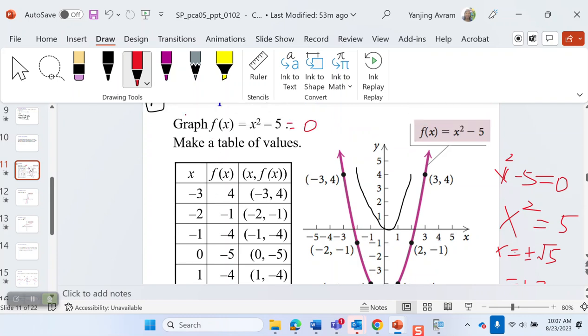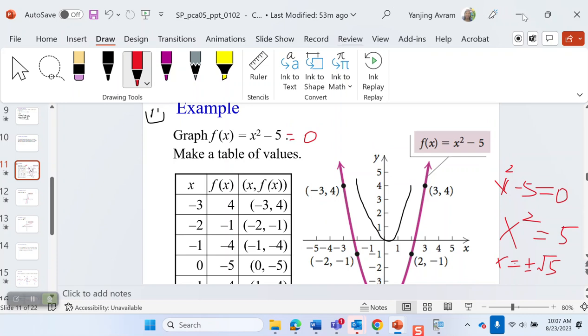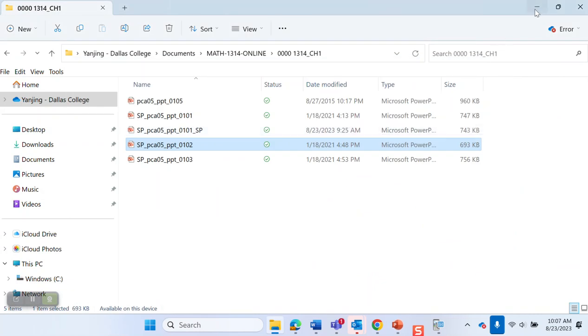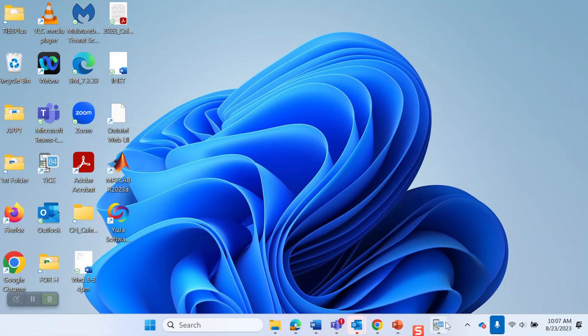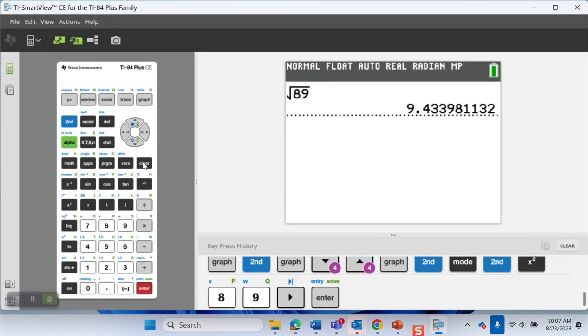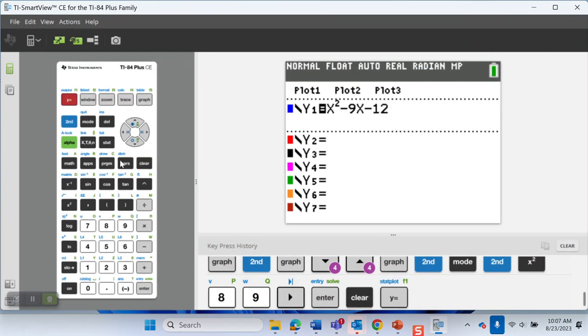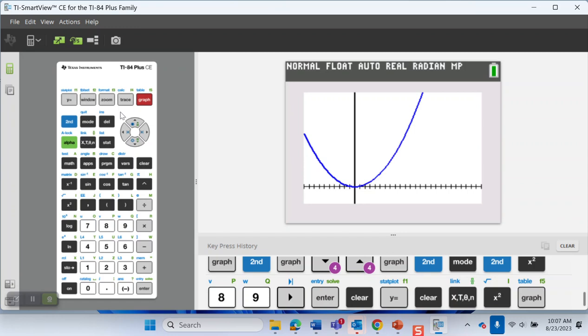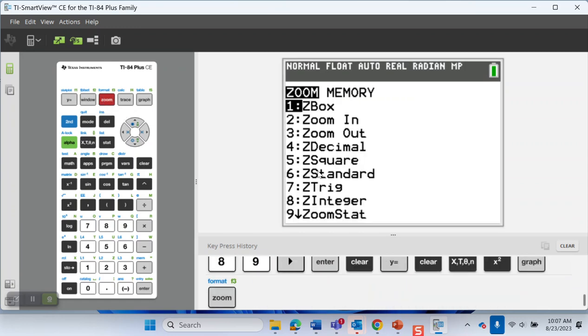You can also put this in a calculator. As I mentioned earlier, we allow you to use a calculator for this course. So I go to y equals, and then graph y equals x squared. I just want you to compare a little bit. I'm going to zoom to standard this time, so I can press zoom number 6.